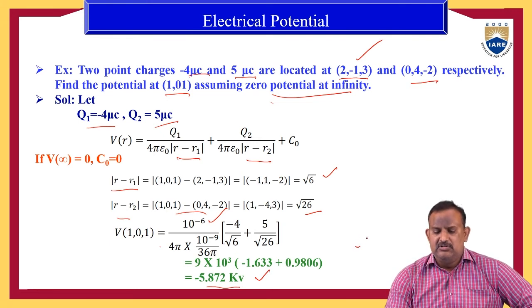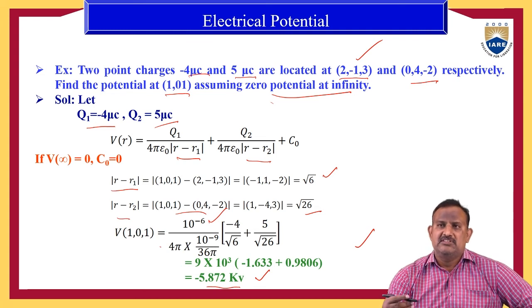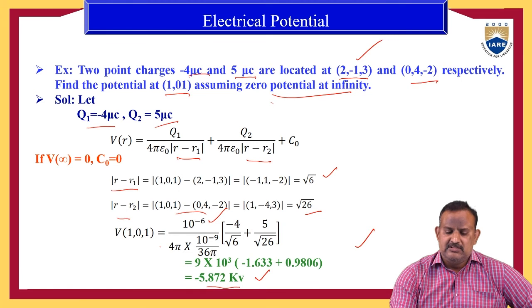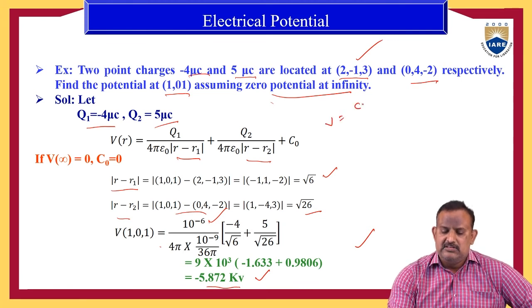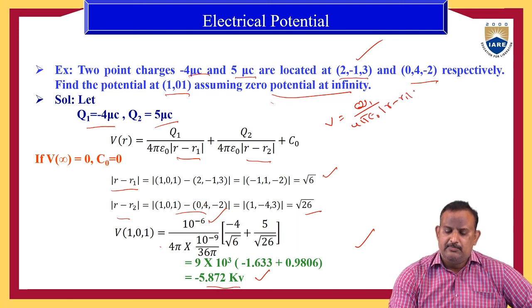In this way, we can find out the potential due to n number of points also, or we can find the potential due to 10 points, 20 points, 30 points like that. So the general formula is V is equal to Q1 by 4 pi epsilon naught into modulus of R minus R1, plus so on.